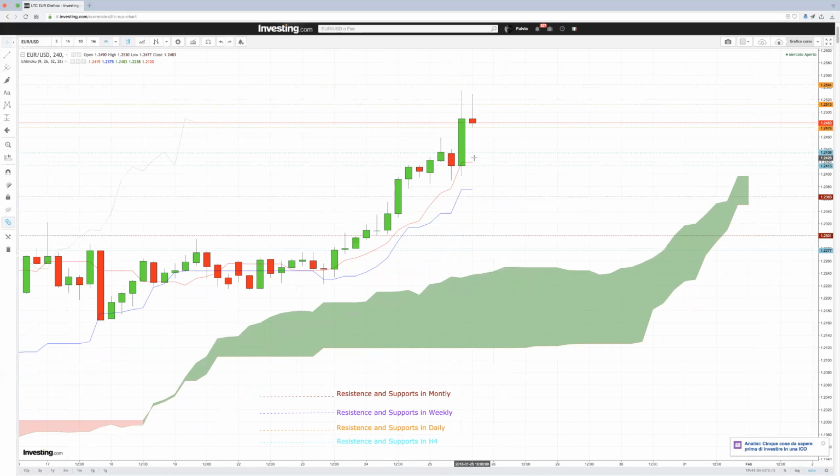Only if the price close under the Tenkan, then I close the long position. So open, the price go under and return above and close above. I leave open the long position. If instead, if price go under and close under the Tenkan, I close the long position and wait.